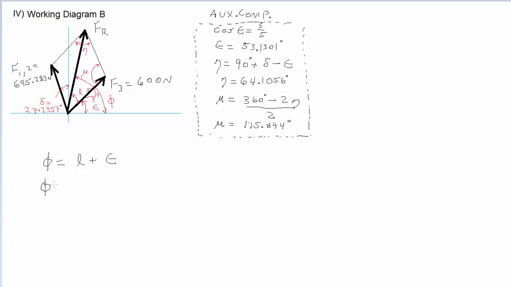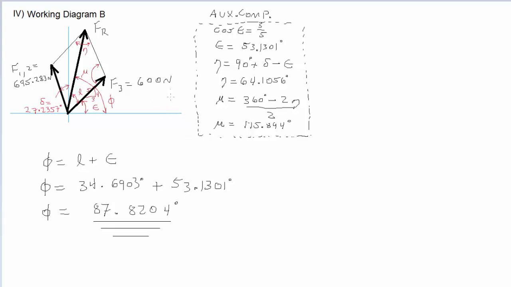Phi then equals lambda, which was 34.6903 degrees, and epsilon was 53.1301 degrees. And you're going to find that phi equals 87.8204 degrees.